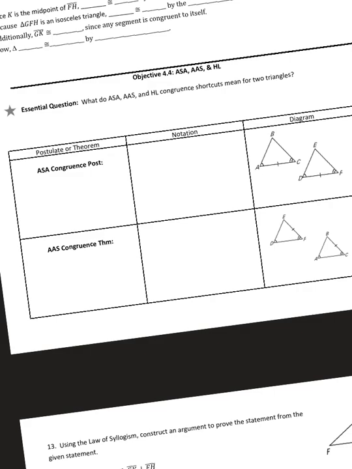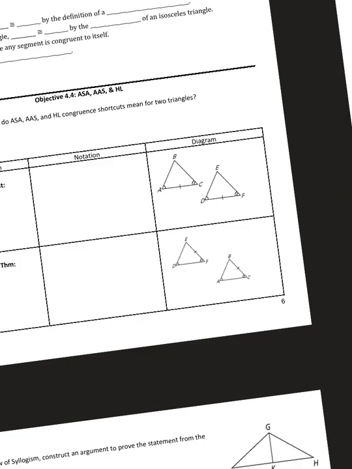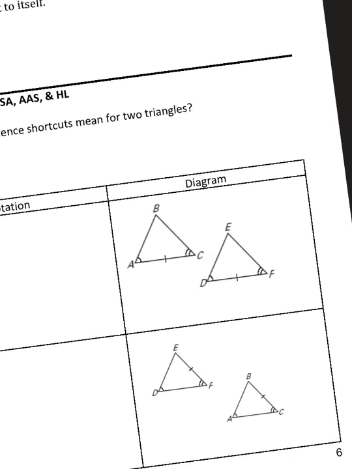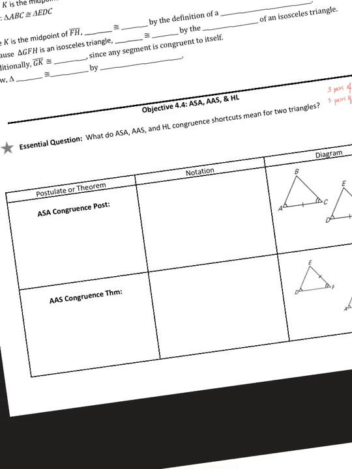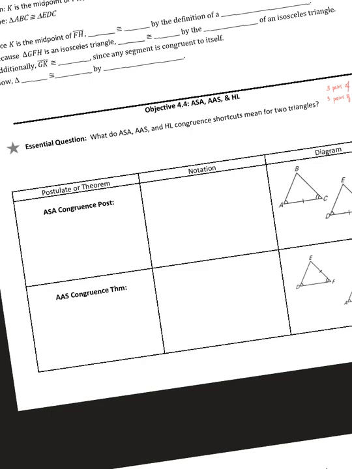It's 3 pairs of congruent angles and 3 pairs of congruent sides in order to prove that triangles were congruent until we had these shortcuts. Okay, so the 3 shortcuts that I'm going to introduce to you are ASA, AAS, and HL.